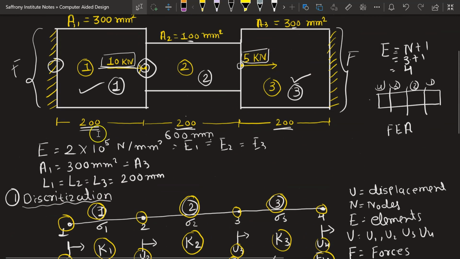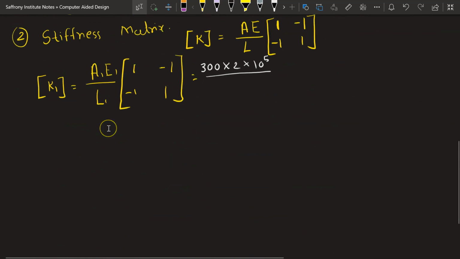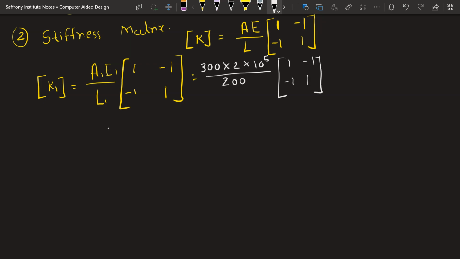So what is the length? Length is 200. The same matrix I am repeating, 1 minus 1, minus 1 1. Simplifying it, what is remaining? 3 into 10 raised to 5 times 1 minus 1, minus 1 1.